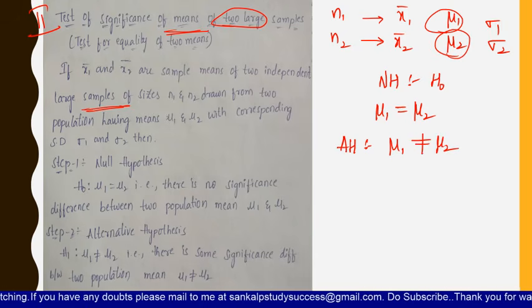So there is some significant difference between the two population means. That means mu1 equals mu2 means the values of mu1 and mu2 are equal. But in the case of the alternate hypothesis, if the values are different, then we say that mu1 is not equal to mu2.